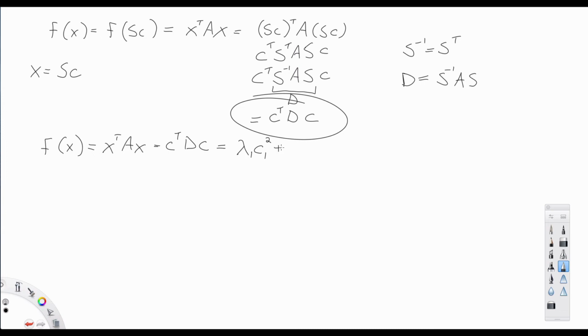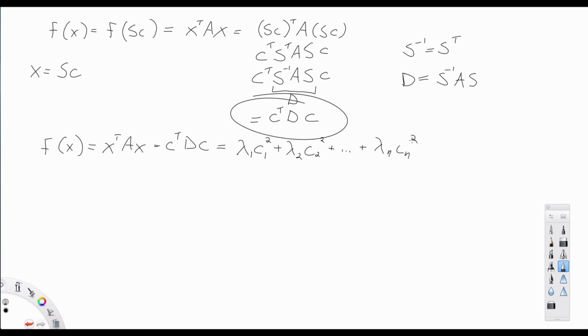But in a general n-dimensional case, we get this expression for f of x: lambda 1 times c1 squared plus lambda 2 times c2 squared all the way up to lambda n times cn squared.